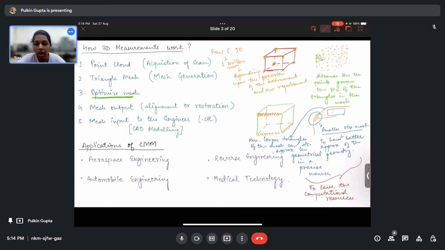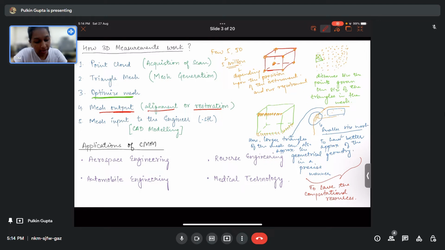Okay. Now, when you have finally optimized this, you have to send this mesh as an output. When you send that, you need to align them. Suppose you have taken the images from three different planes. Now you need to align them according to a universal coordinate system, so that you can have exact positions and geometry.